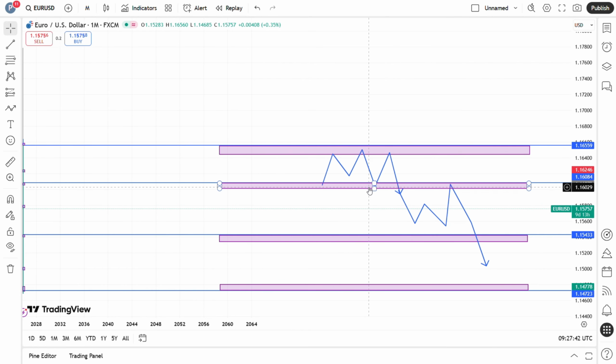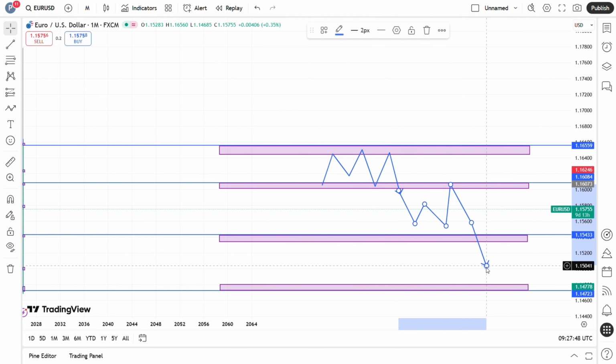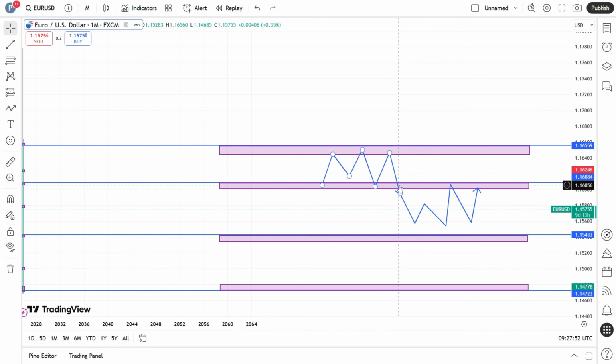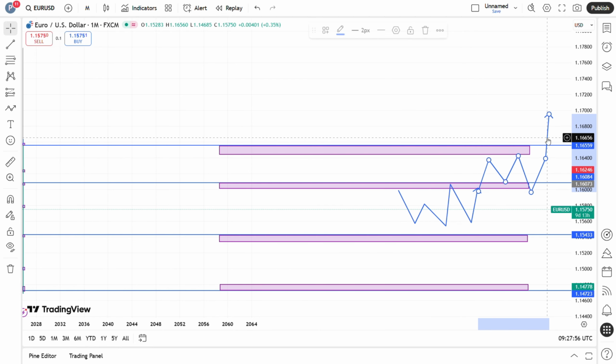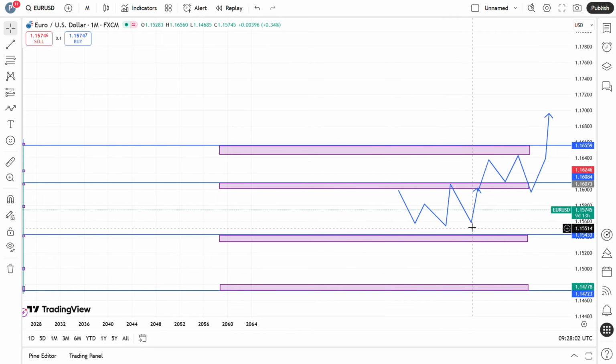The very same thing can happen if you have a zone that is a support level that was respected. It can turn into a resistance. As you can see, this resistance over here is now a support, and hence you will be anticipating buys from that zone right there.